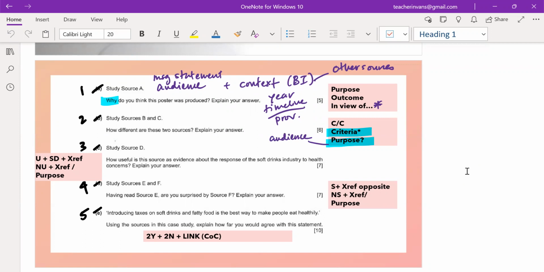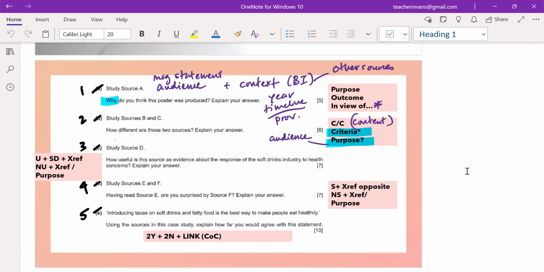If you are managing your time, this is definitely 10 minutes, just like question 1. So if you are able to see the criteria in terms of content, I would recommend that you do that first and then come back if you have time. So don't overthink sometimes in compare and contrast. A lot of students spend unnecessary time when they look at compare and contrast.